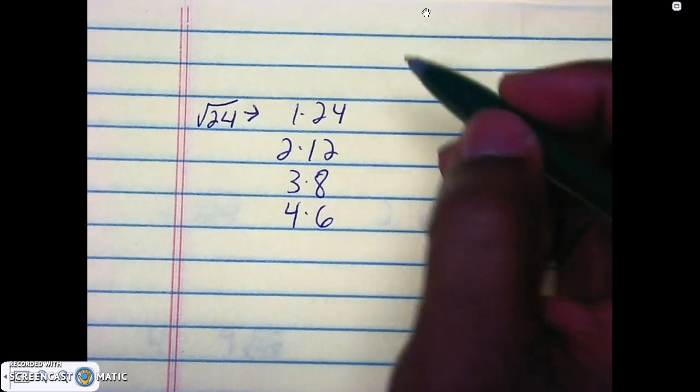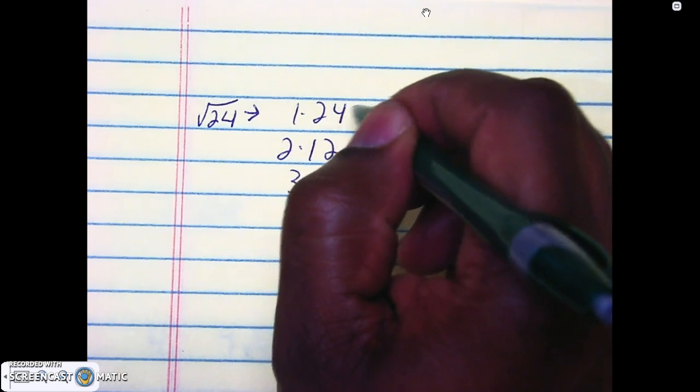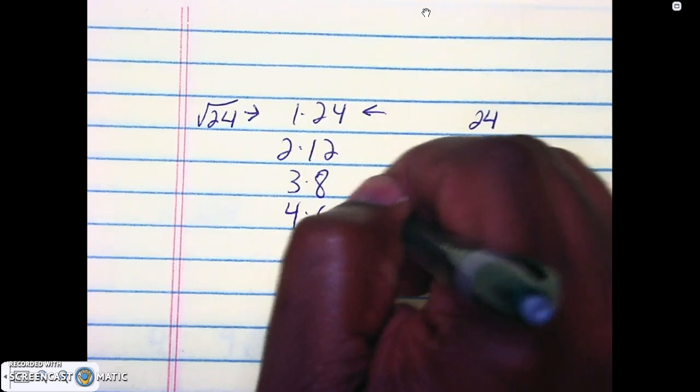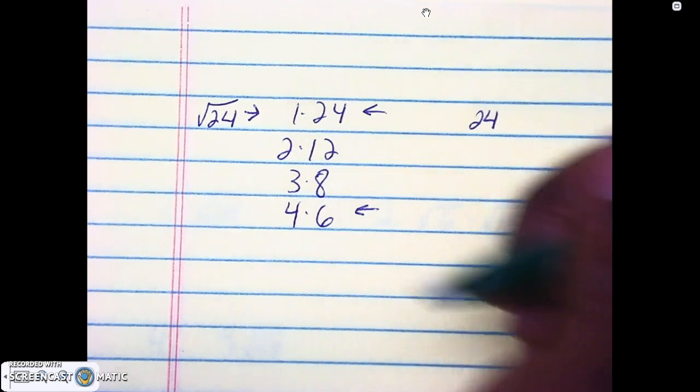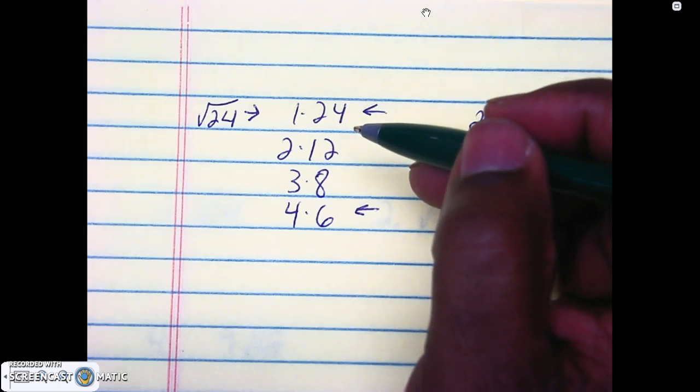But I need to ask you, which one of these contain perfect squares? Well, this one and this one. Well, the next question is, what's a perfect square? A perfect square is the product of any number multiplied by itself. So 1 times 1 equals 1. That's a perfect square. 2 times 2 equals 4.